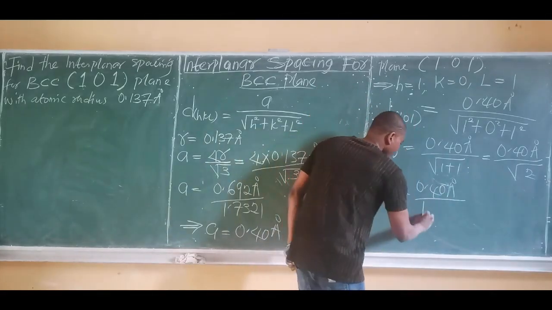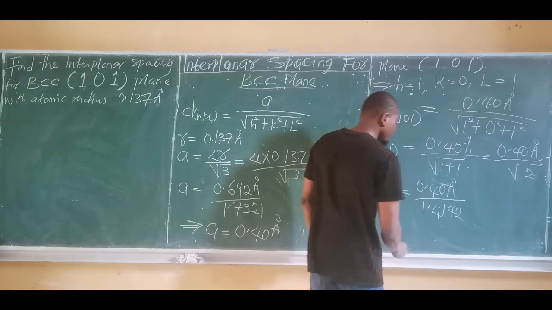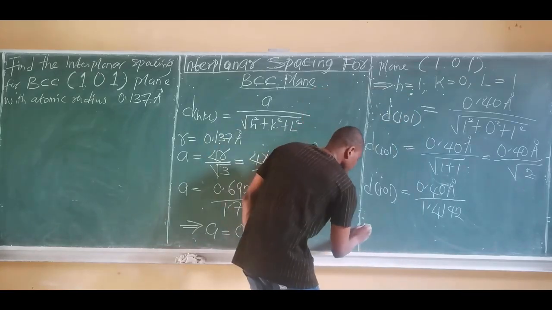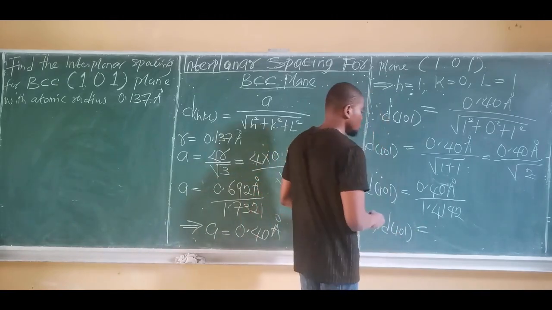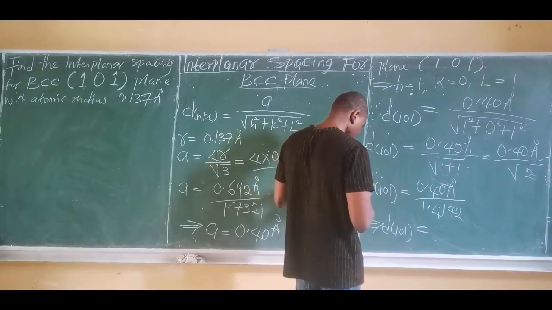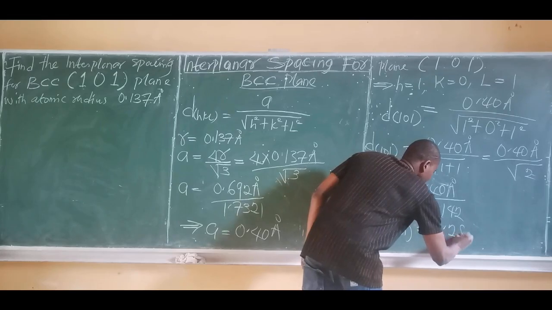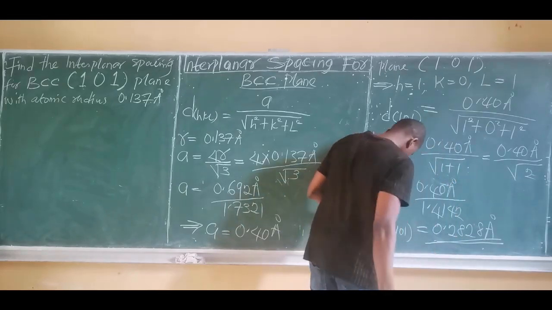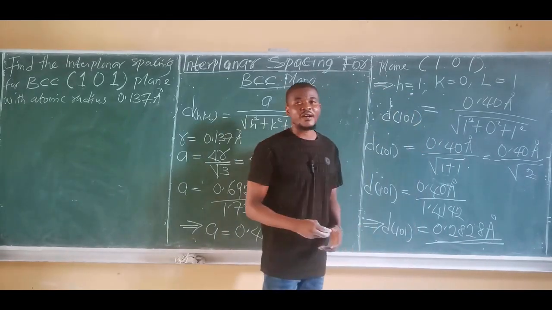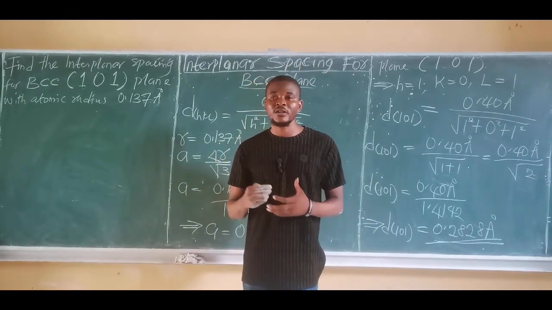That gives us 1.4142. So let's obtain 0.40 divided by that answer. This implies d of 101 is equal to 0.4 divided by 1.4142. That gives us approximately 0.2828 Armstrong units. Alright guys, so that's how you find the interplanar spacing for body center cubic structure.